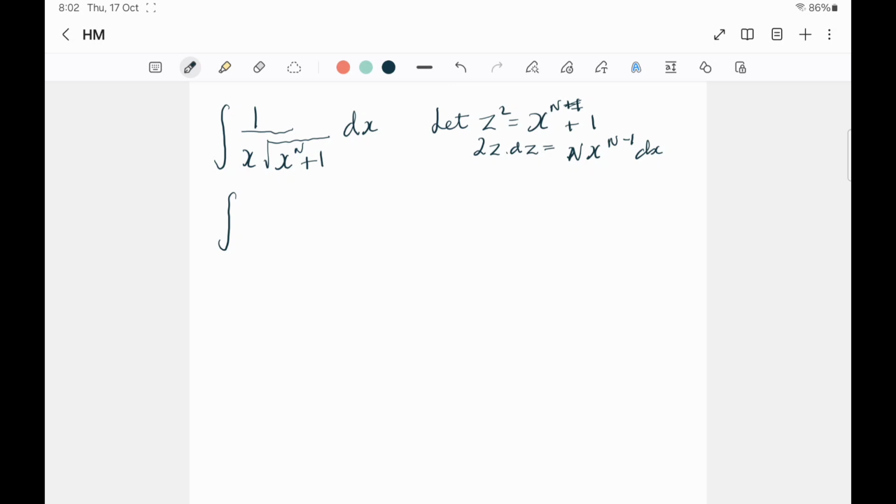So this becomes 1 upon n, 2z dz over x times x to the n plus 1 times z.